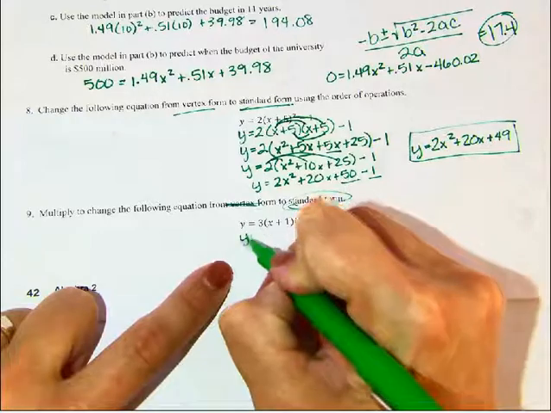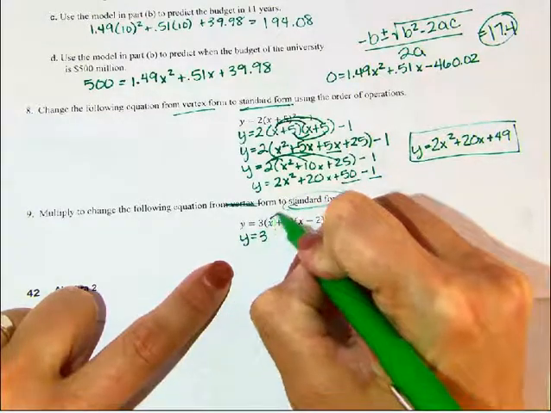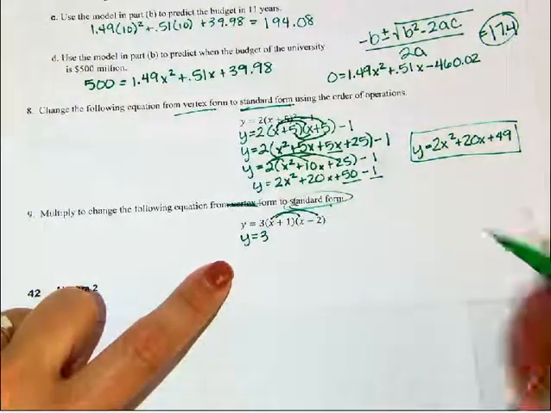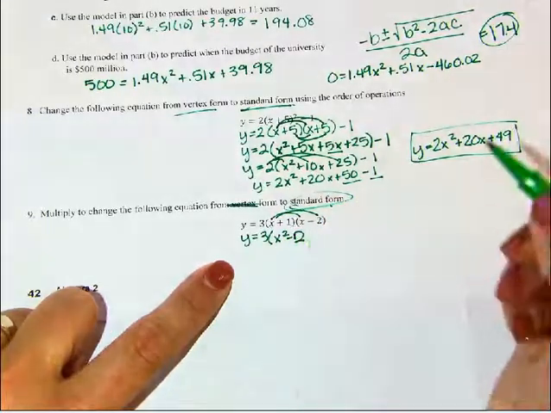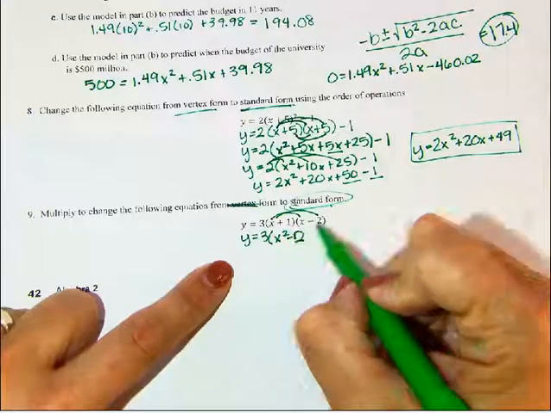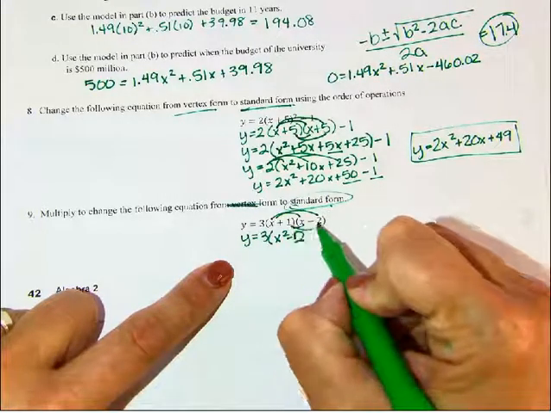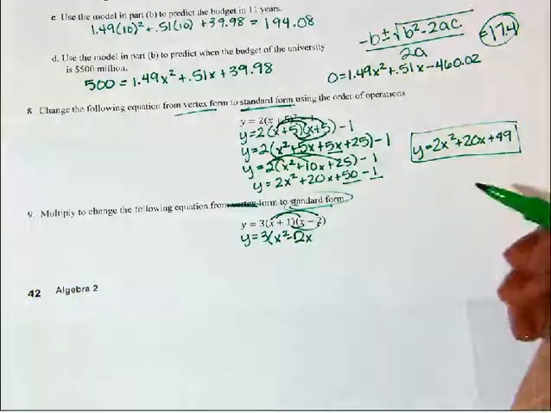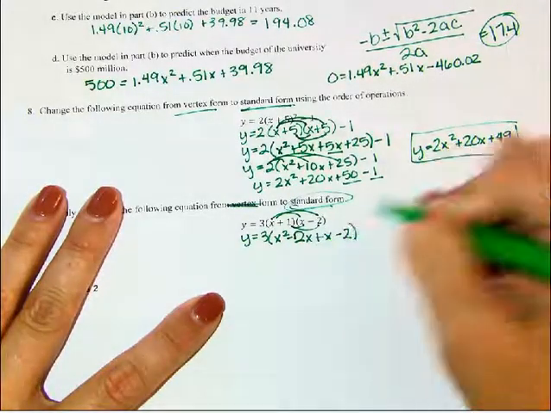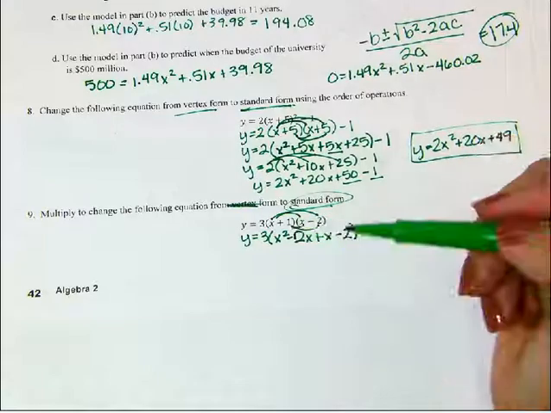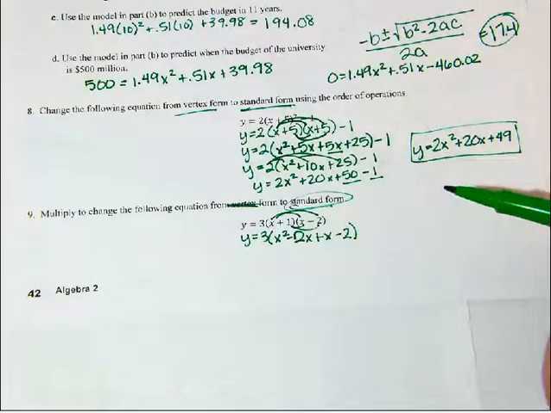So I still have y equals 3. I'm going to take x times everything in the second parentheses. So I'm going to get x squared, whoops, that's a minus 2. And then I take the 1 times everything in the second parenthesis. So I have a plus x minus 2. So in parentheses, I have an x squared minus 2x plus x minus 2.